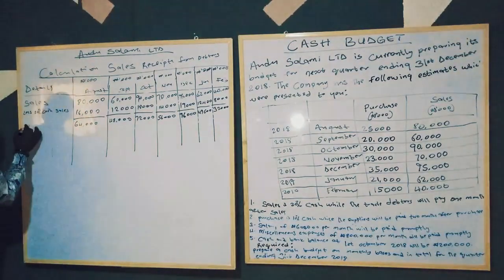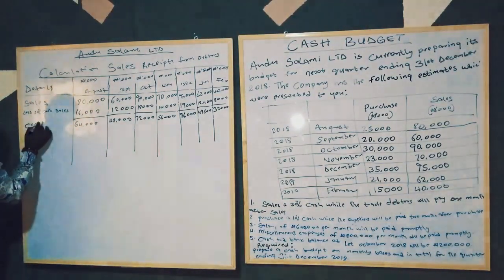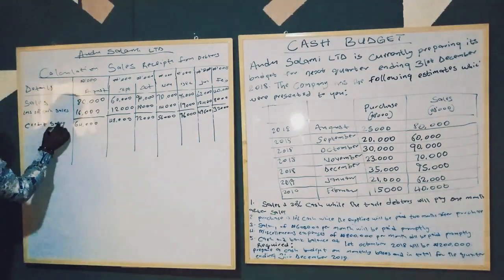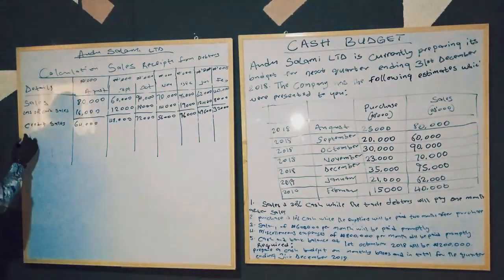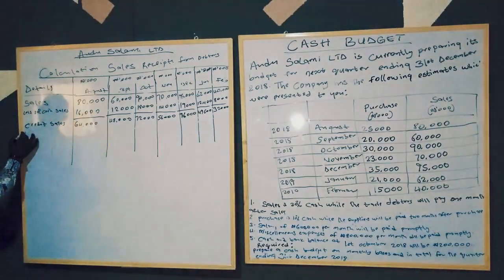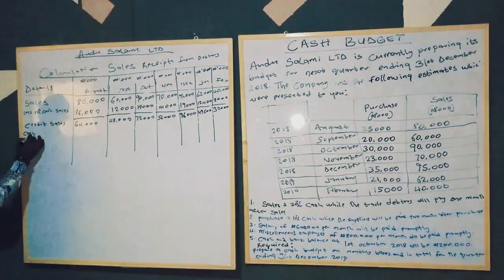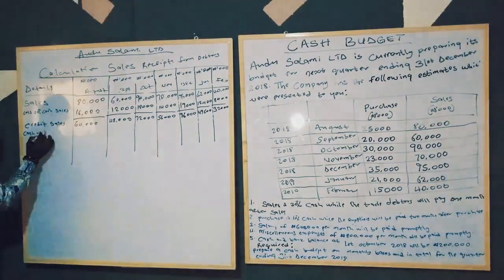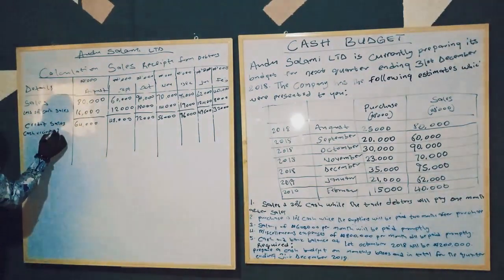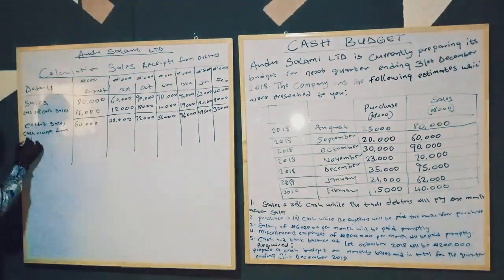So here we say credit sales, then cash received from debtors.